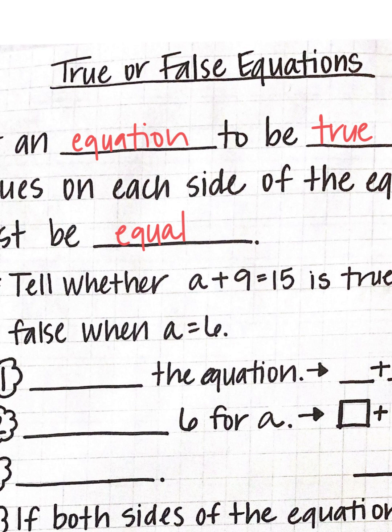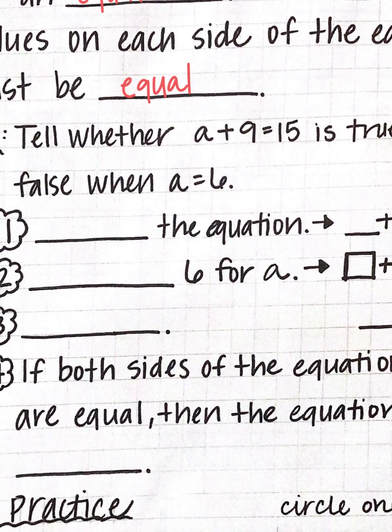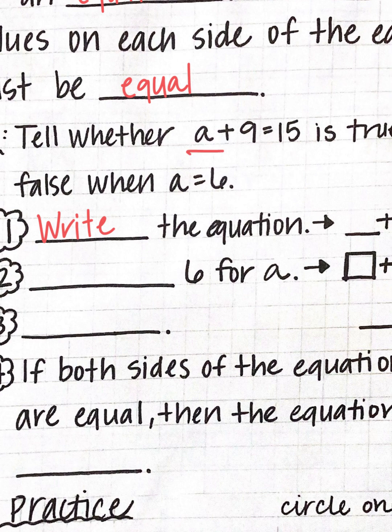Okay, our example that we're going to walk through together says, tell whether a plus 9 equals 15 is true or false when a equals 6. The first thing you're going to do when you are determining whether or not that is true or false is you are going to write out the equation. So I'm going to write out the equation given. A plus 9 equals 15. I'm going to start with my equation given.